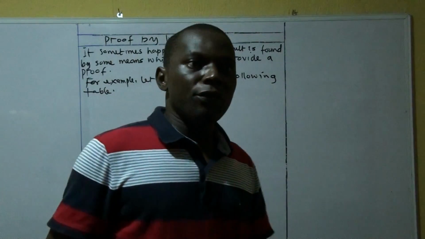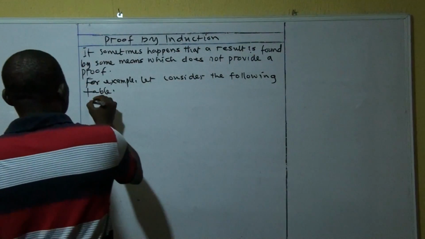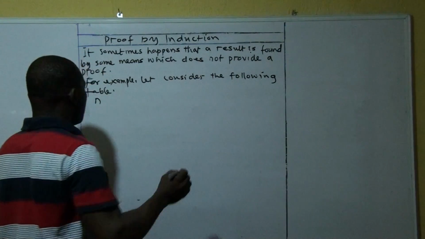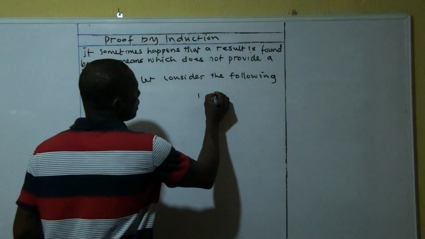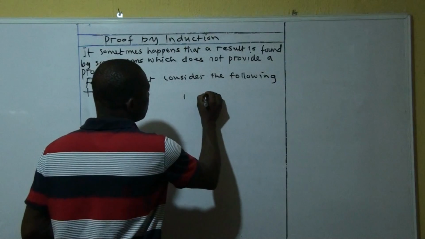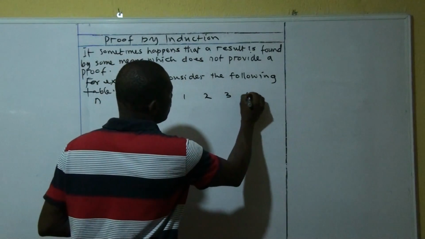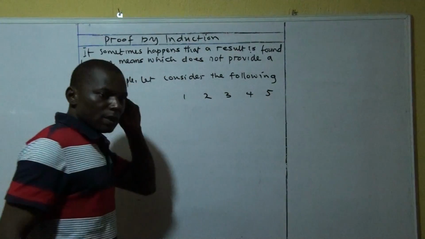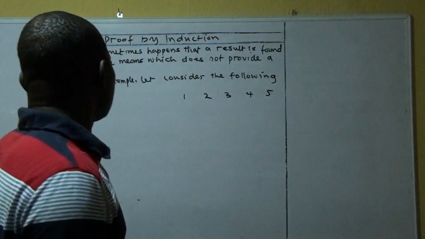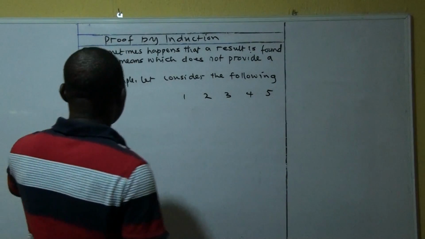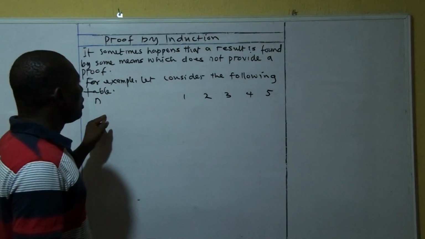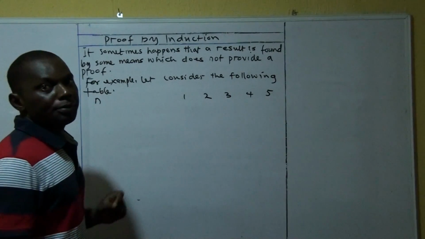So assuming we have n, and n is an integer that ranges from 1, let's say we have 1, 2, 3, 4, 5. These are positive integers. So now let's look for the sum of n, the sum of the integers up to n.